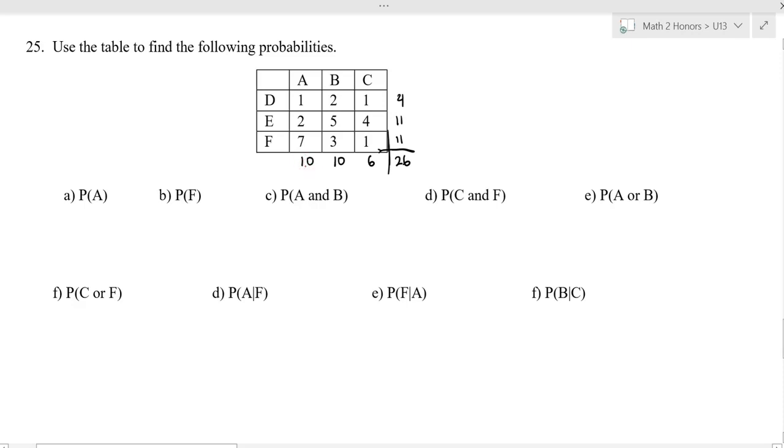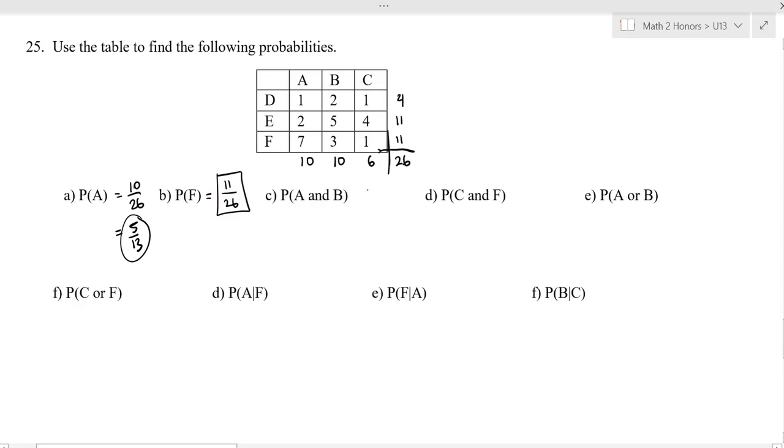Alright, so the probability of A would be, well, I have 10 total in A out of the grand total of 26. And we reduce that to 5 out of 13. F, we have 11 total in row F out of the grand total of 26. Can't reduce that.